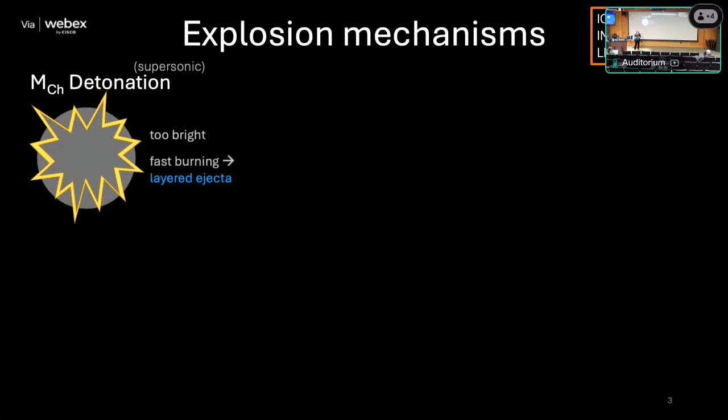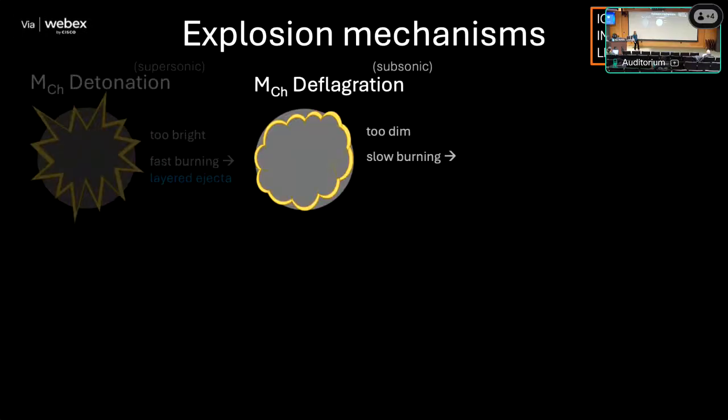But a key observable that we're looking for with this type of explosion is layering in the ejecta, because the explosion happens so fast that everything burns at the density it's at, and the layers don't mix. So this doesn't quite work for most Type Ia supernovae. Going the opposite direction, let's take a Chandrasekhar mass white dwarf and deflagrate it.